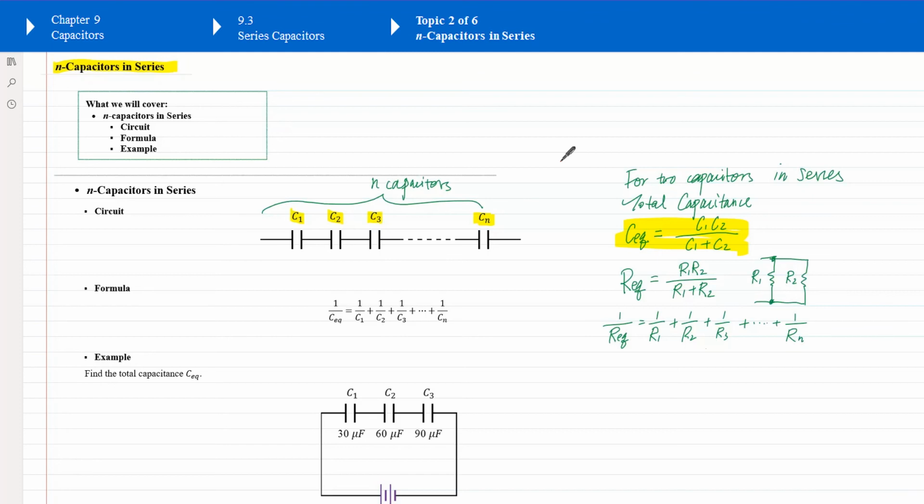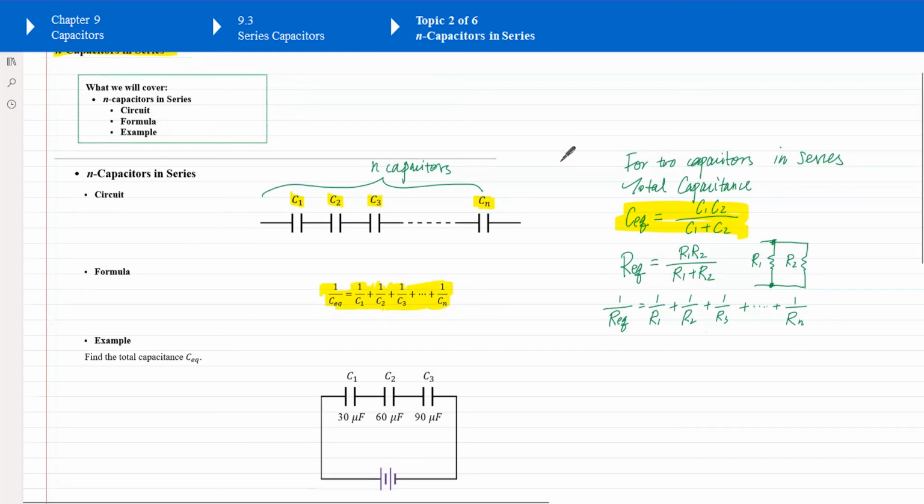So we can write 1 over Ceq equals 1 over C1 plus 1 over C2 plus 1 over Cn. This should be the easiest method that helps us to remember the total capacitance of n capacitors in series.